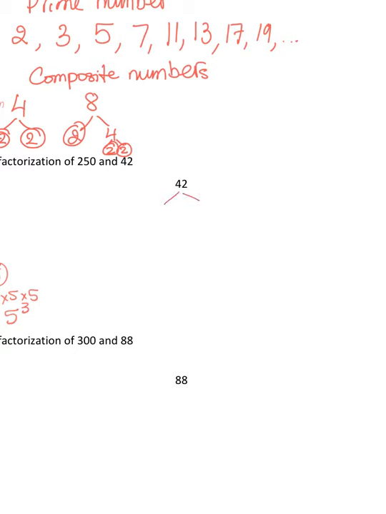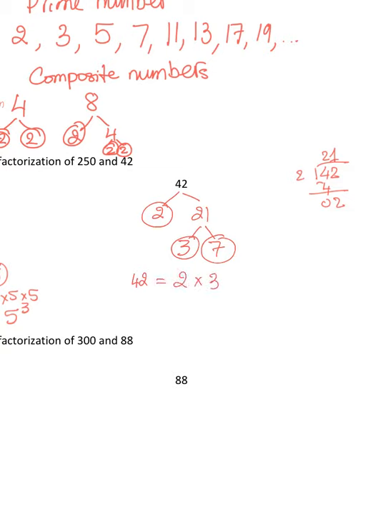42. Okay, 42 is divisible by 2. I'm going to divide. 2 times 21 is 42, so 21. 2 is a prime, 21 is not a prime number, so I'm going to divide. 21 is divisible by 3 and 7. 3 is a prime, 7 is a prime, so the expanded form will be 2 times 3 times 7.